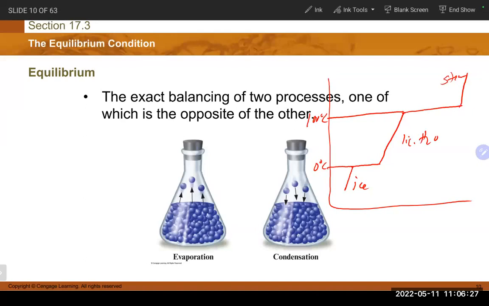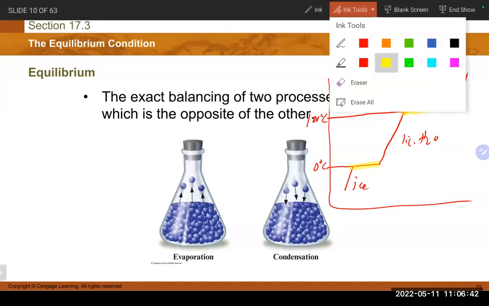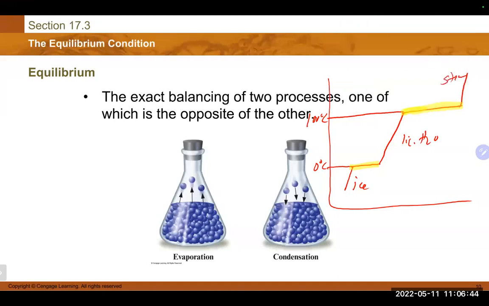Now, in a process like this, as we talked about, the transitions between solid and liquid or liquid and gas actually occur at the same temperature. So 0 degrees Celsius is where we do that transition between solid and liquid for water, and 100 degrees Celsius is where we do it between liquid and gas.